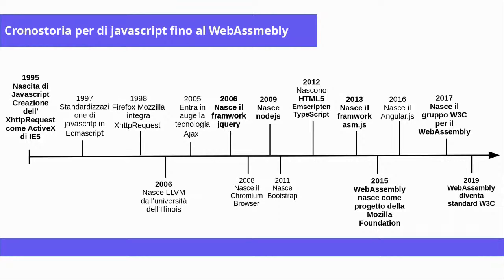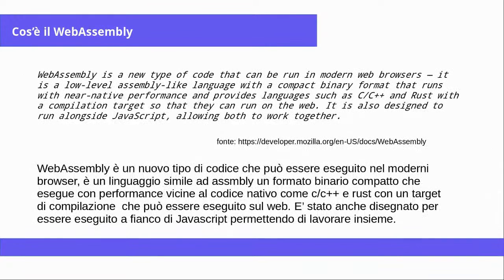This is the quick timeline of technologies. Every one of these pieces of technology brought great evolution to web technology, but it was really heavy to work with. And now we have WebAssembly.